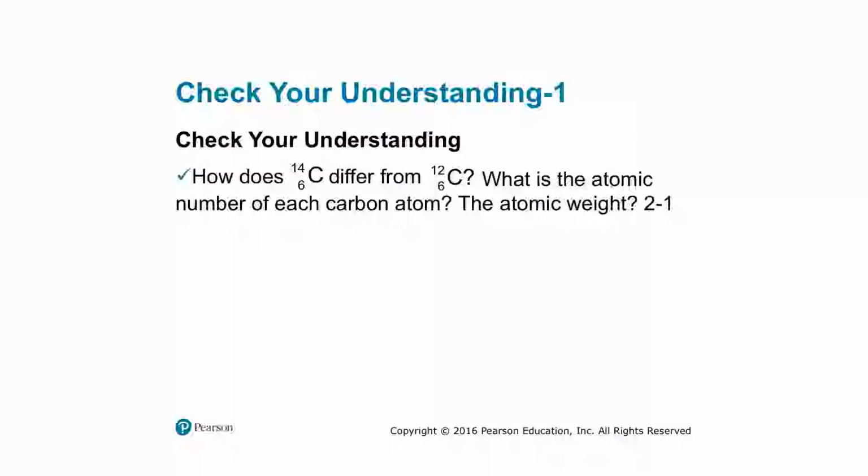And so here's a check your understanding question, and it's asking you how carbon-14 differs from carbon-12. And so what is the atomic number of each atom, and what is the atomic weight?